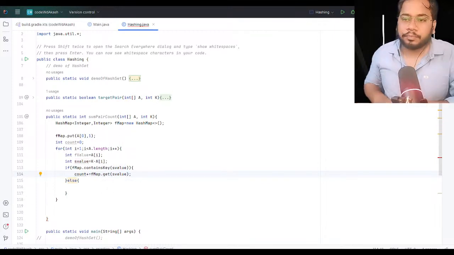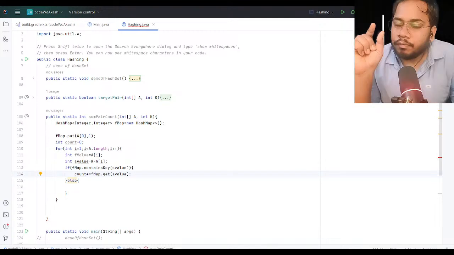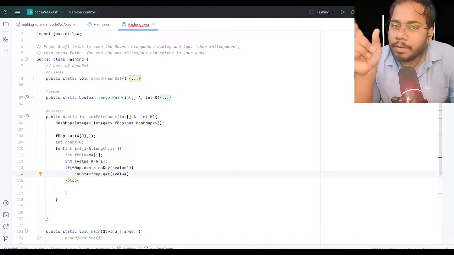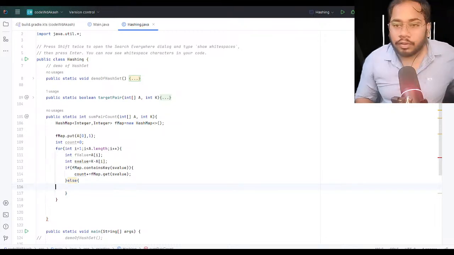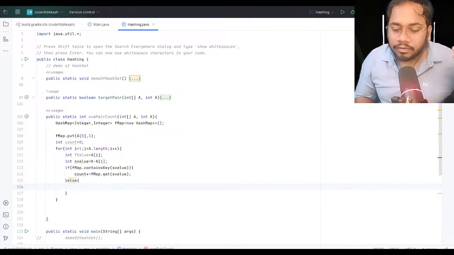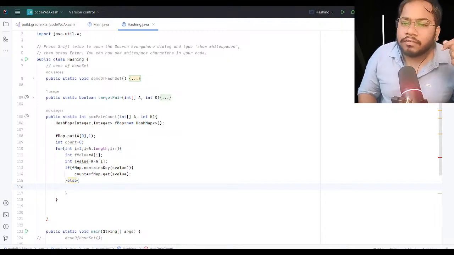That's it. We got the frequency and we have added it to the count. Okay, done. Understood. If you have understood this, and if that is not present in the frequency map, then what do we have to do?